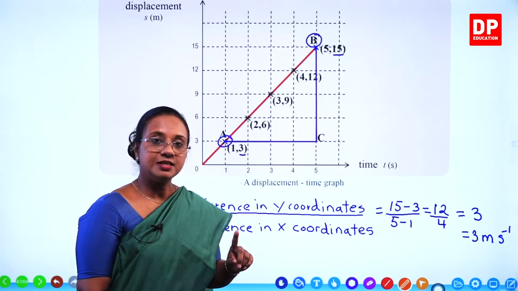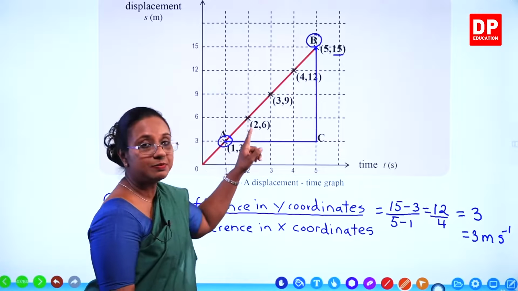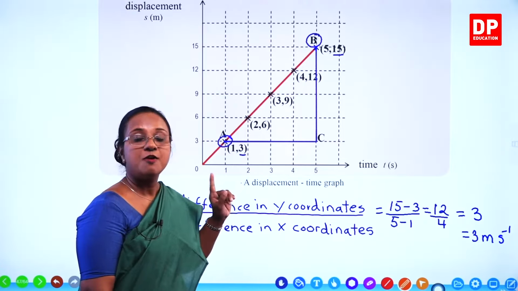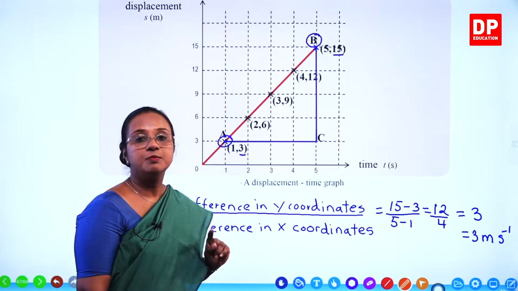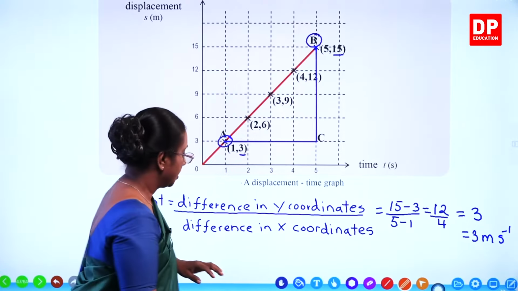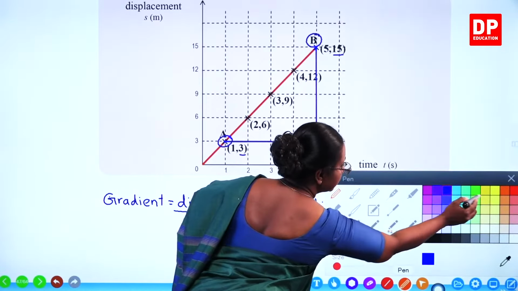So students, keep it in mind, the gradient of a displacement time graph will give you the velocity of the moving object. So I will emphasize that by writing it again.